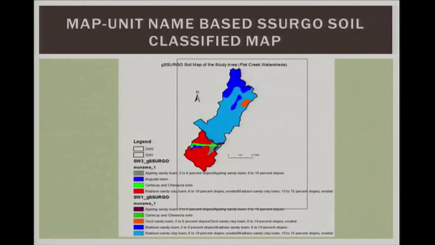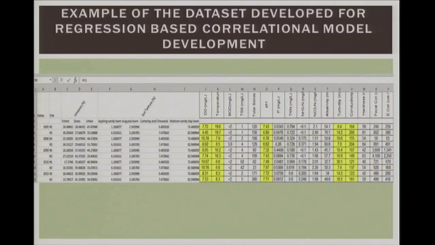Then this is your soil data you saw earlier. Soil data does not change over a year because we do not do soil testing every year. We can do it. And this is the final table. You saw that this is 2005, 2006, subwatershed 1, subwatershed 3, 2006, 2007. And these are the forest, grass, urban percentages. And your soil, different types of soil coverage percentage.